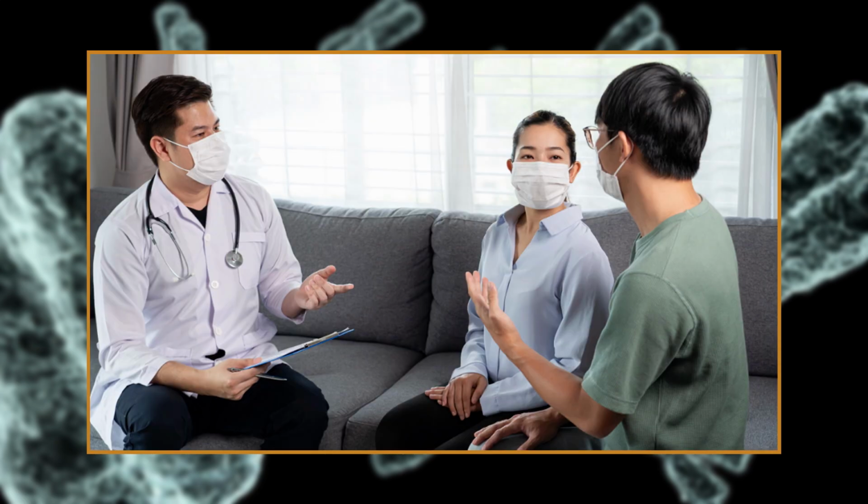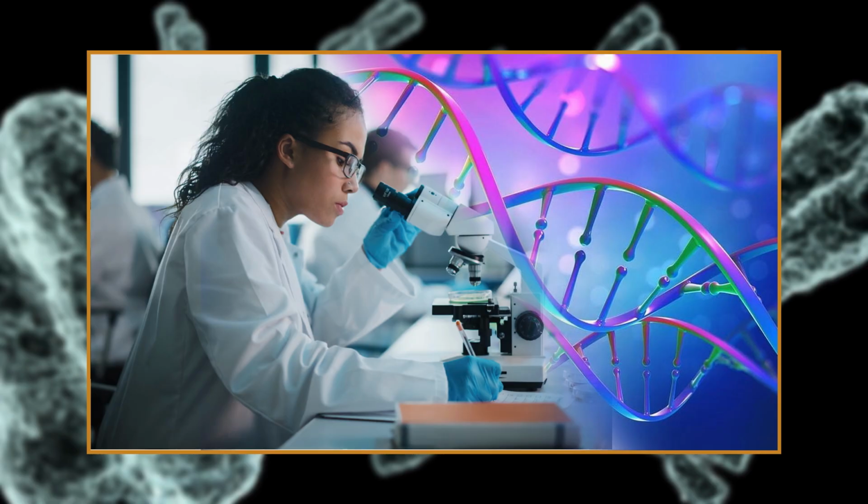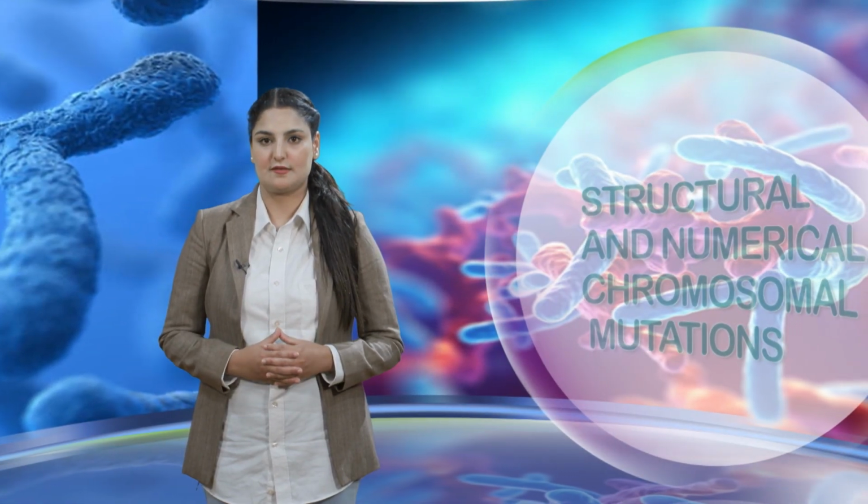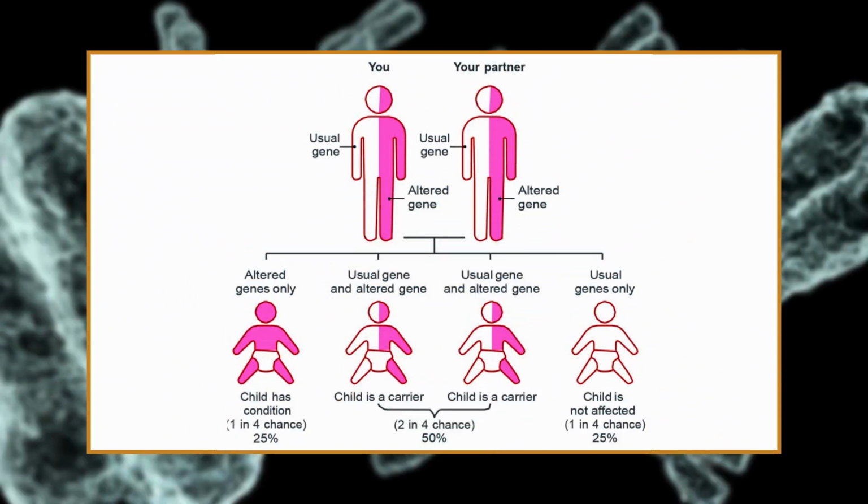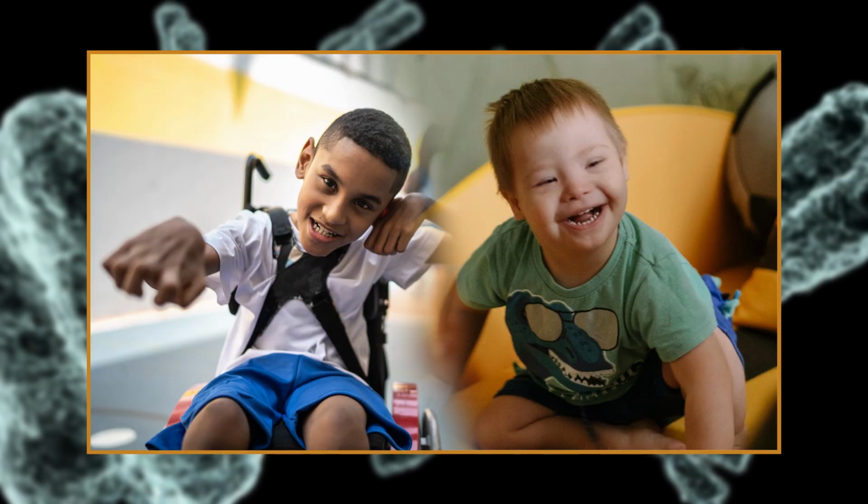A trained genetic counselor studies family history, medical records, and genetic test results to identify individuals or couples at risk. For example, if one parent is a carrier of a balanced translocation, where no genetic material is lost or gained, there is a chance that their child could inherit an unbalanced form, which might cause physical or mental disability.